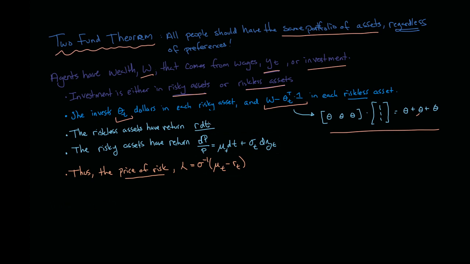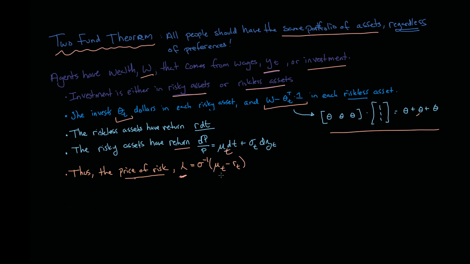How much do they make? The deposit gets you r dt for sure, and then the risky asset has a return of dP over P equals mu_t dt plus sigma_t dZ_t. So it's a geometric Brownian motion. And therefore we can say that the price of risk, lambda, is equal to the inverse of the variance-covariance matrix sigma times the quantity mu_t minus r_t.